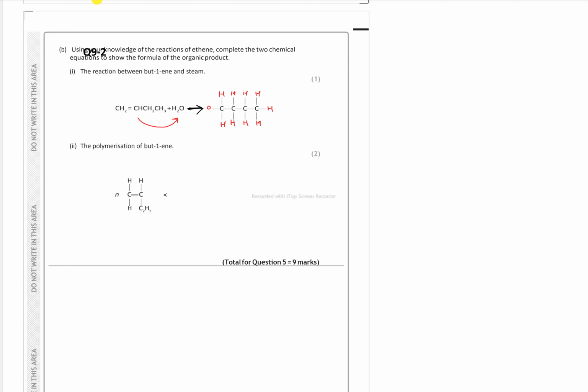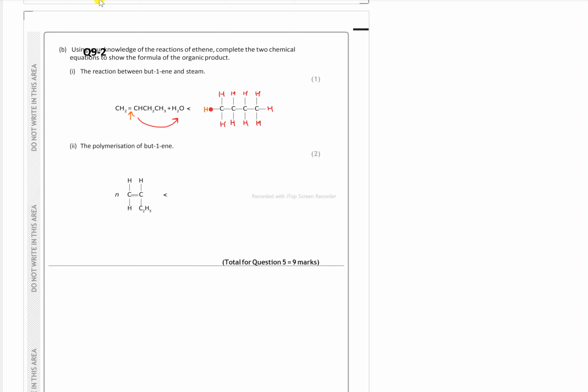I need to add OH. I'm just running out of room here. The double bond is here, so I need to really add it at this end. You can add it there or you can add it here, but it has to touch. They want it to touch the O first. The O bonds with the carbon and the hydrogen bonds with the oxygen, so it's OH.